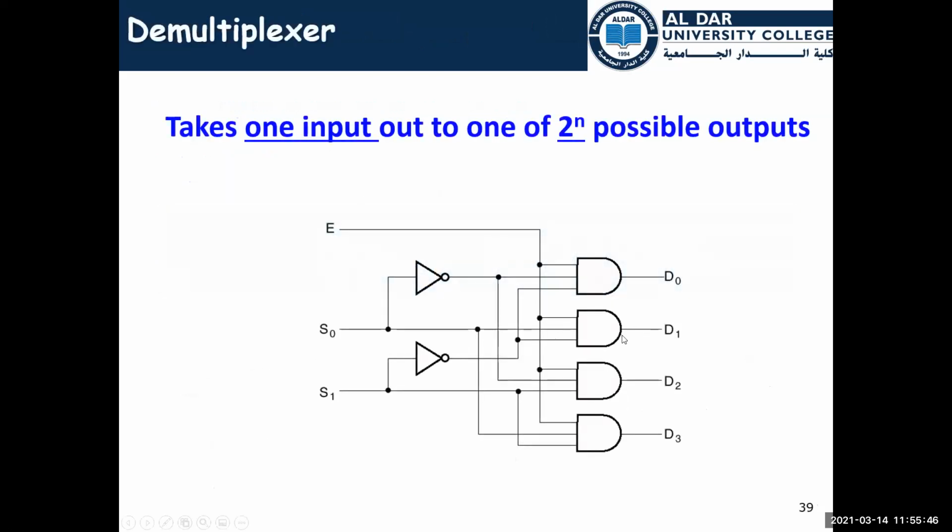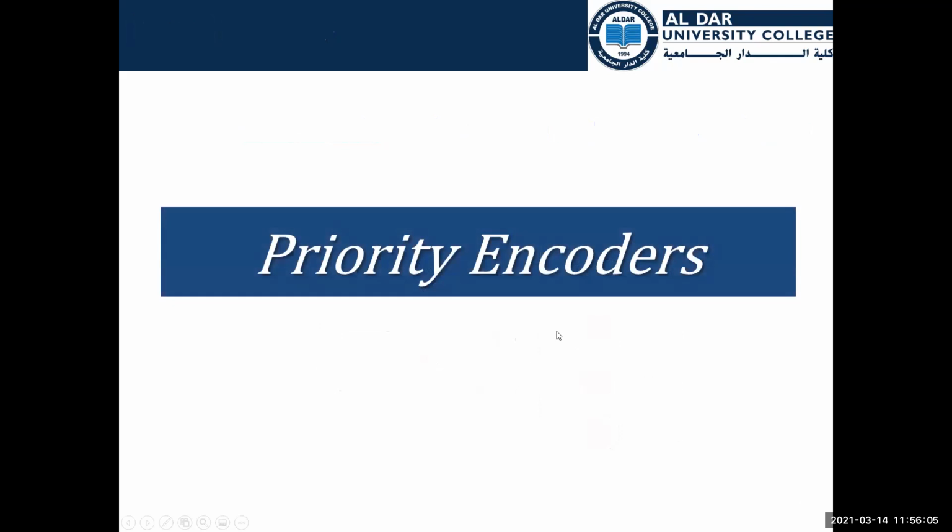The idea is very simple, just to have one value at the output. So if this is 0,0, then D0 will be active. If this is 1,0, then D1 will be active, and so on. This is the demultiplexer.